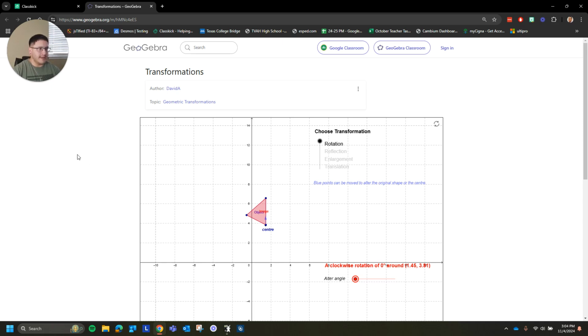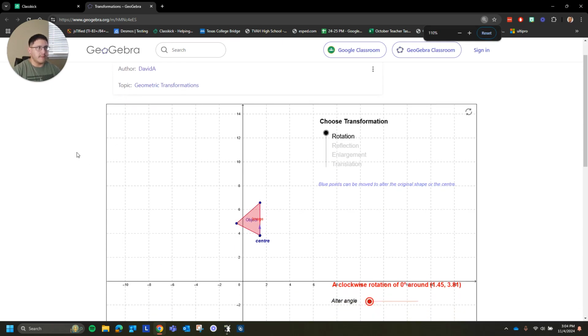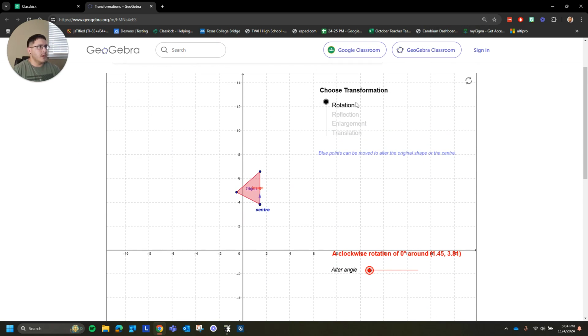I'll zoom in a little bit so y'all can see. So you have 4 different things: rotation, reflection, enlargement, and translation. And as you can see, right at the bottom, there is a slider that you can mess with to do the specific thing it has for each section. So for rotation, you can move the object around. You can move this object.